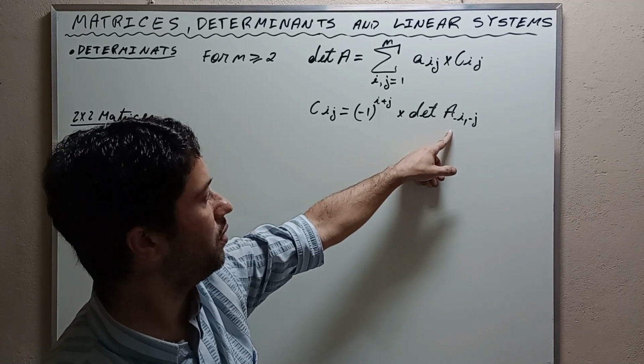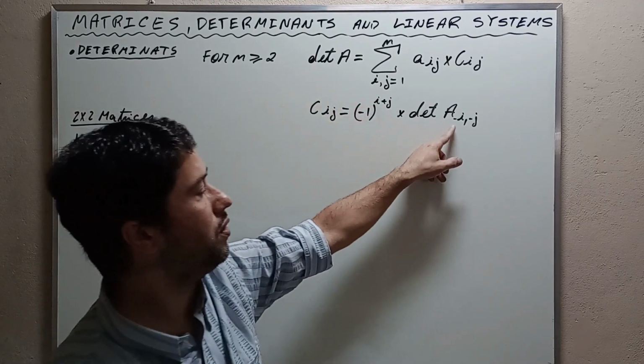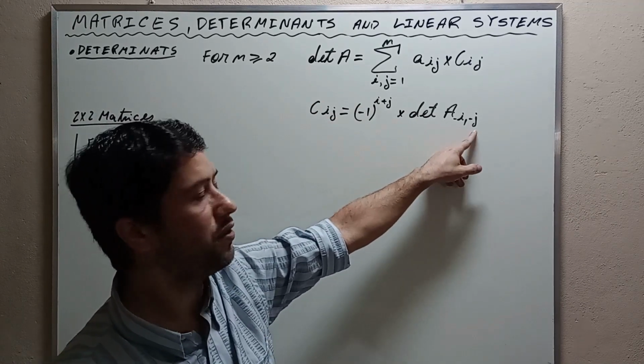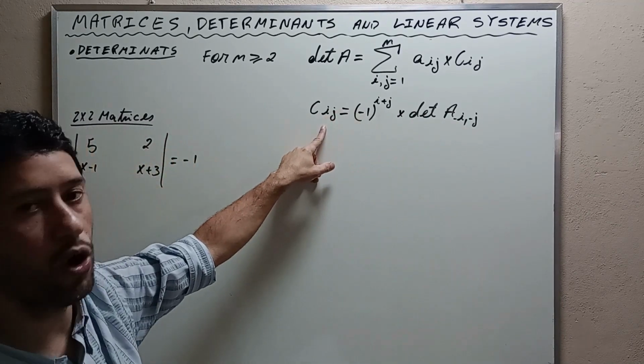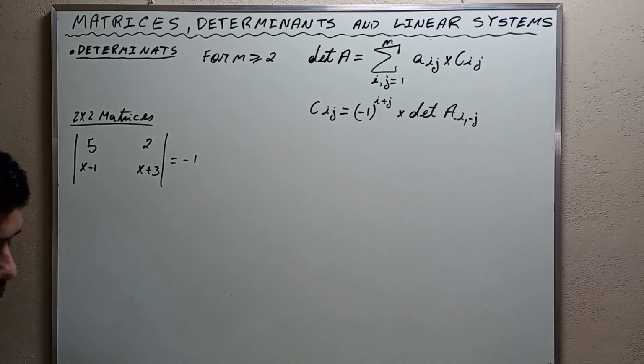And what does it mean? It means that we are going to take the original matrix and remove the ith row and the jth column, okay? To compute the cofactor. This is called a cofactor.